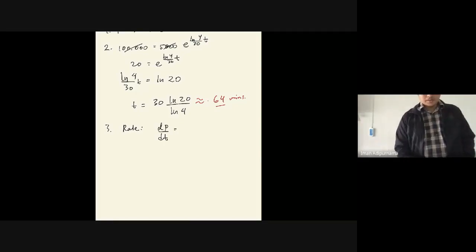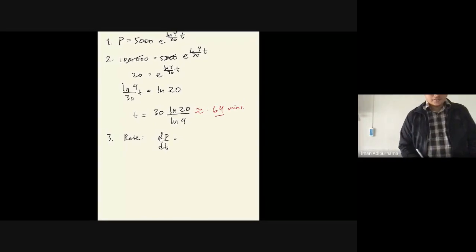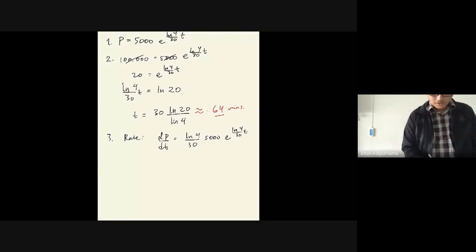And rate is dp dt. We just differentiate dp dt, and then ln 4 over 30, and t is 60, right? 60.